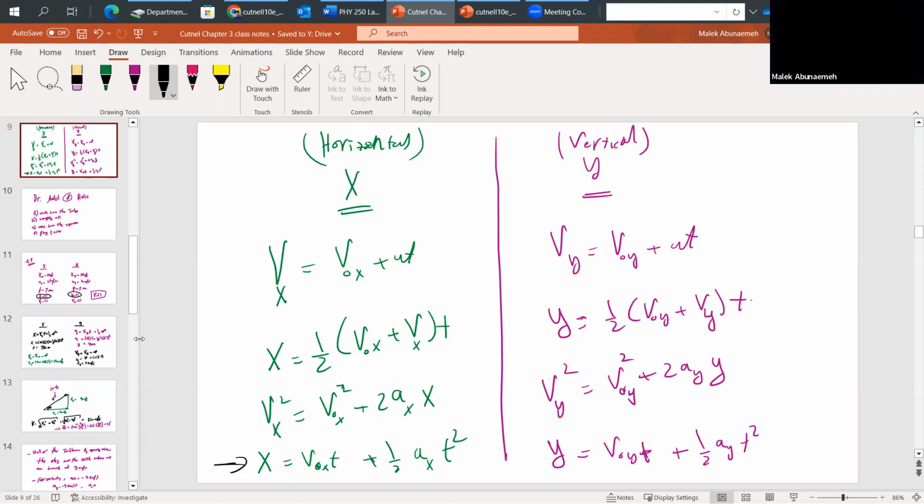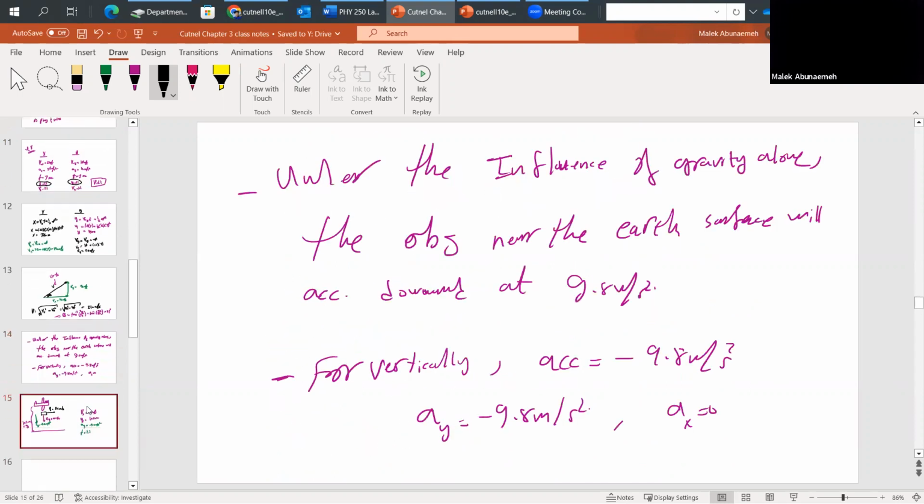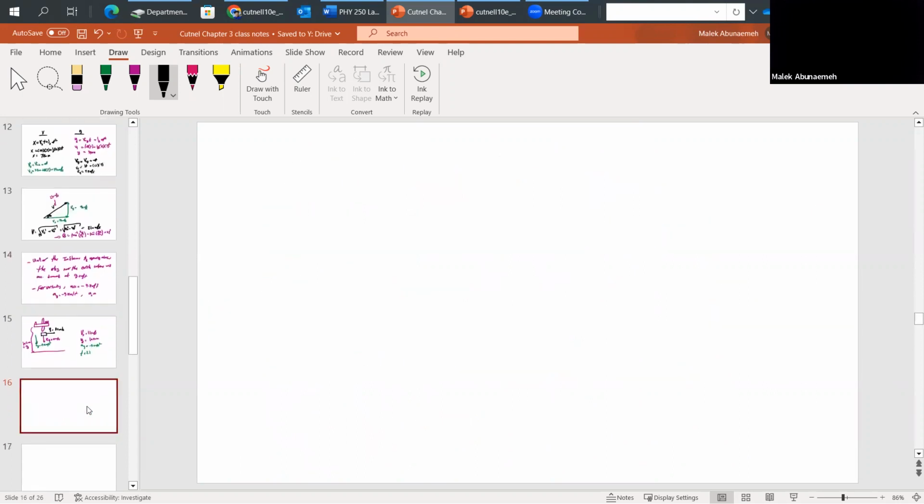Again, these are the final velocity, v of y, and this is the initial velocity. So the equation that we're going to be using is y equals v naught y t plus 1/2 acceleration in the y direction times t squared.